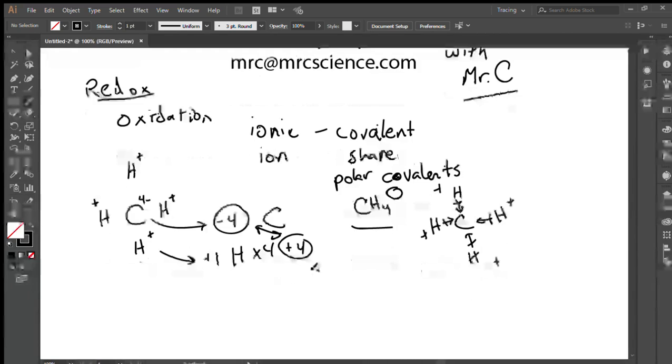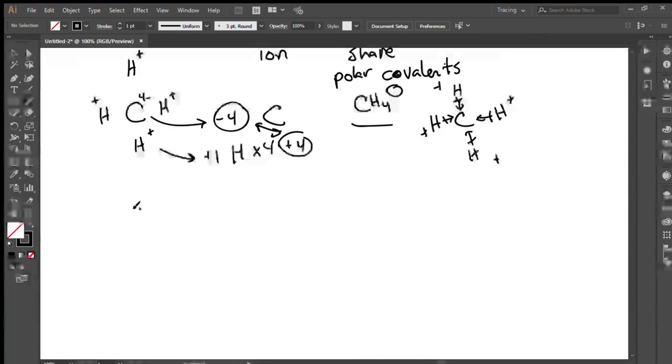A place where this would be a little different, let's take ammonium, NH4+. So we know that nitrogen, if you look at it, has how many valence electrons free? It needs 3, so it'll take those extra 3. So nitrogen's oxidation number will be -3.